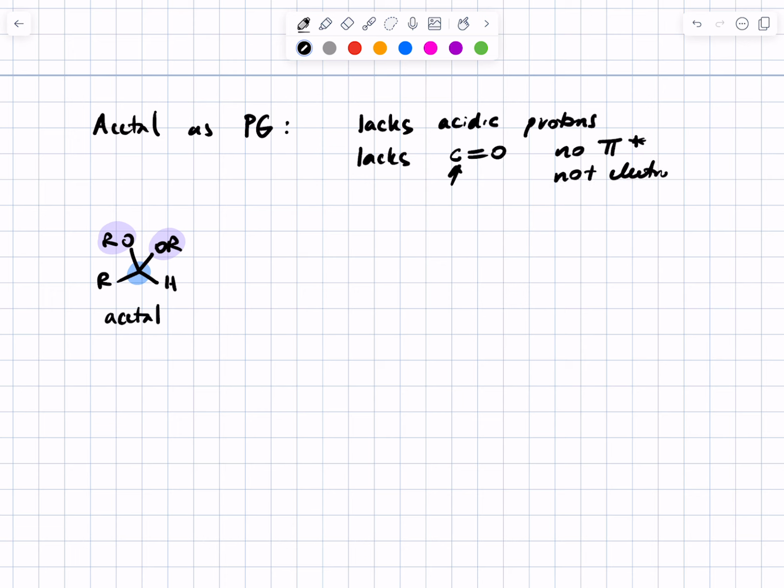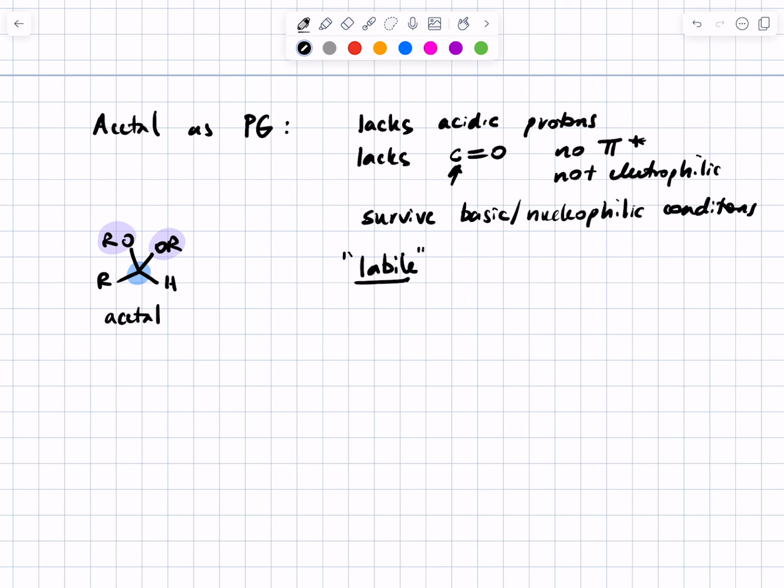That means acetals can survive basic and/or nucleophilic conditions. Of course, for protecting groups, we use this term labile. That means under what conditions would the group fall apart, and acetals are labile to aqueous acidic conditions.